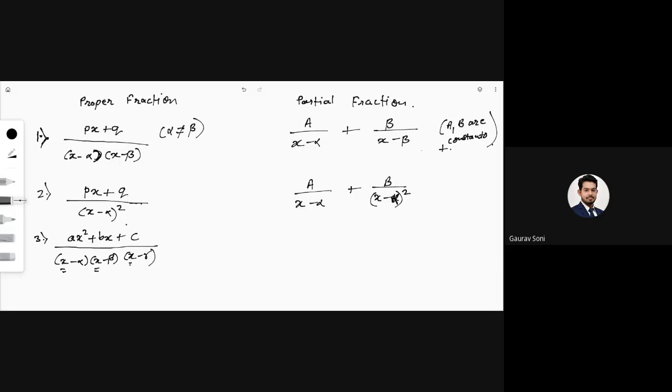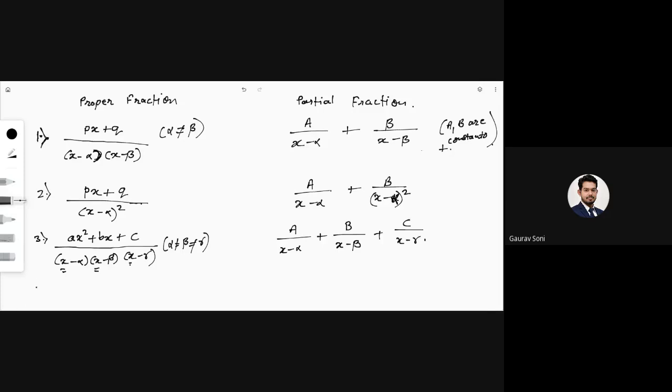So degree of denominator is 3, degree of numerator is 2, so it is a proper fraction. Moreover, alpha not equal to beta not equal to gamma. So in that case, I can write it down as a upon x minus alpha plus b upon x minus beta plus c upon x minus gamma.